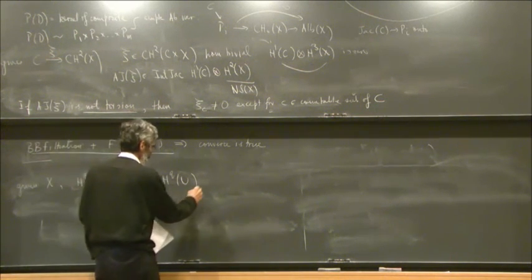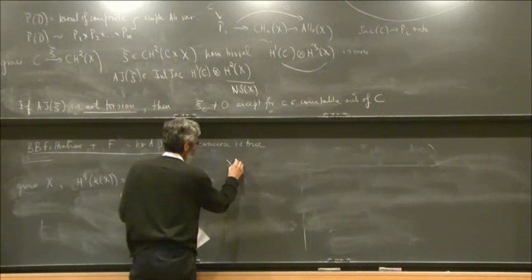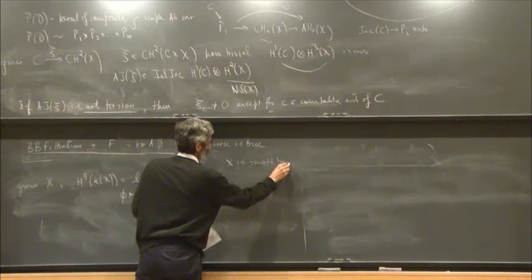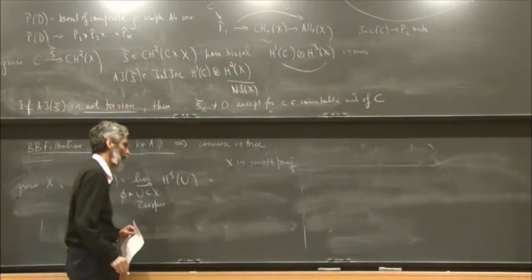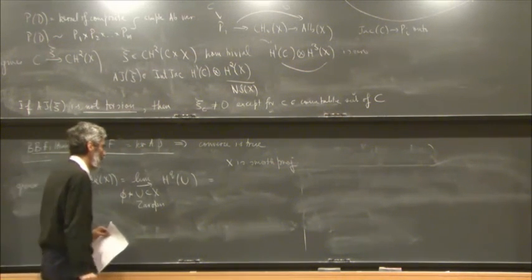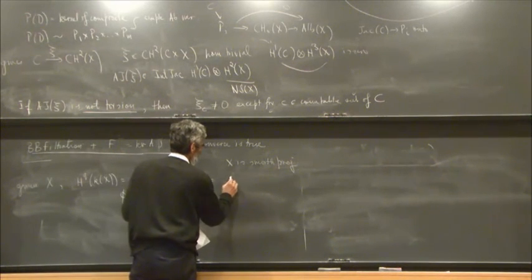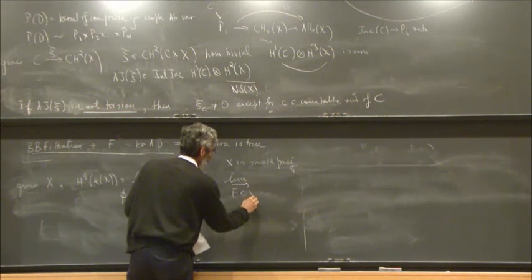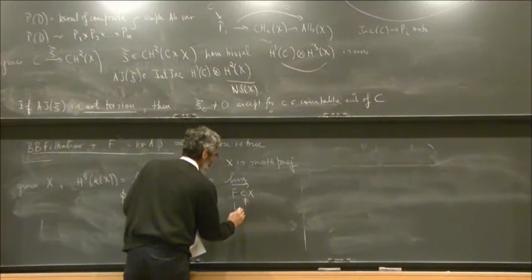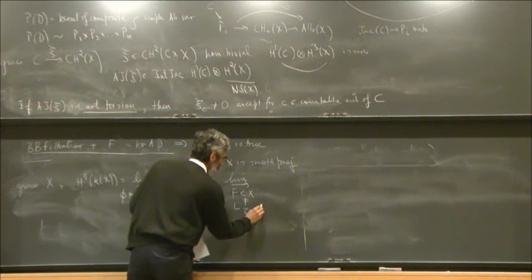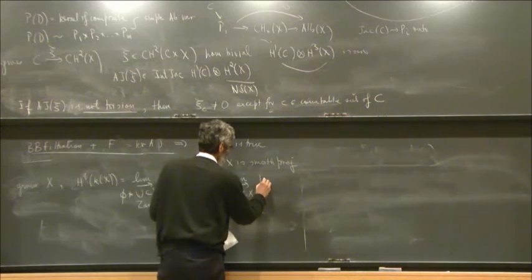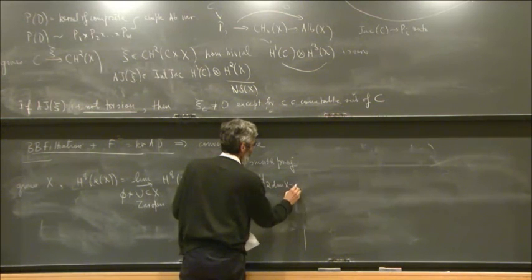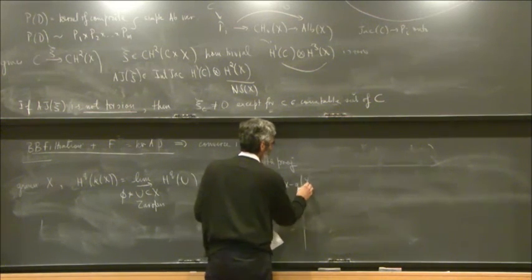But here if X is smooth projective, smooth and complete, because I'm going to use Poincare duality, this is the direct limit over F contained in X, not equal to X and Zariski closed, of H^{2 dim X - q} of (X, F).